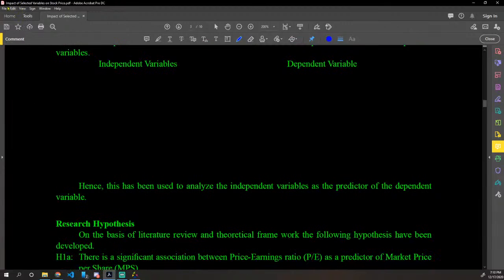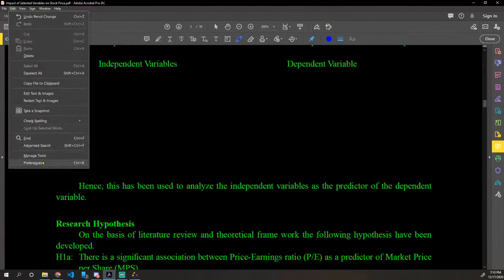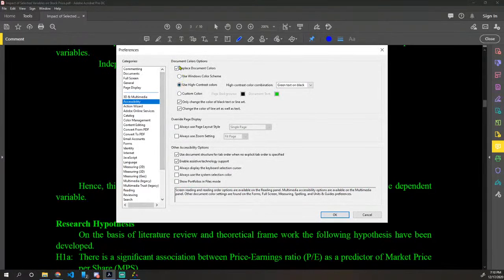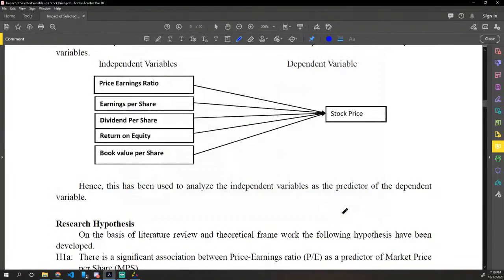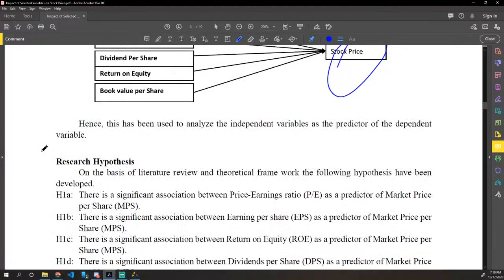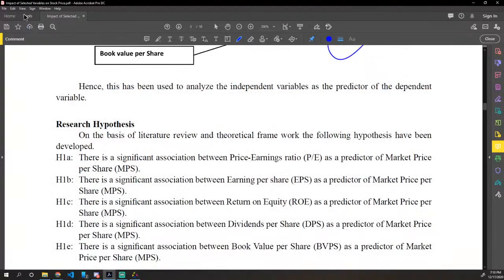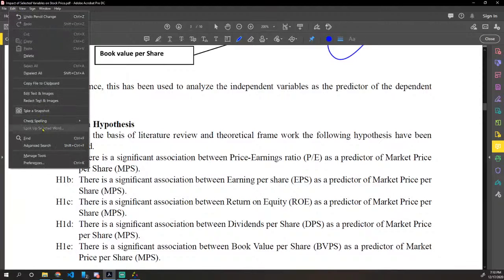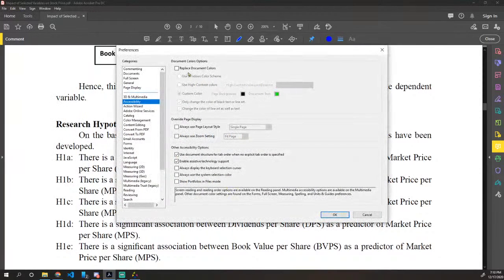So if I do white, okay, all of this, that's the dependent variable. Okay, cool. Good. And then let's revert back to black and white.